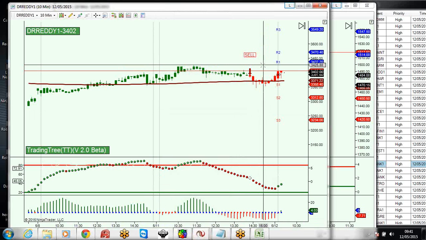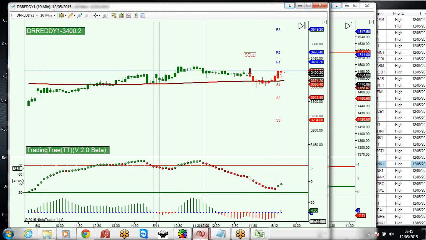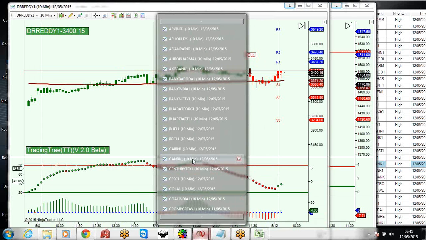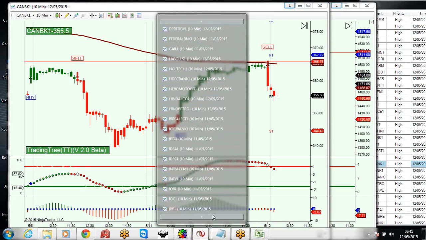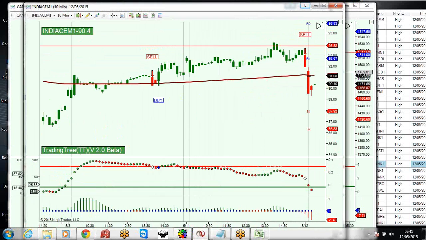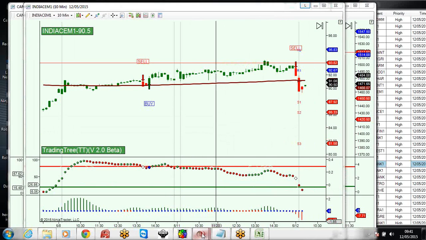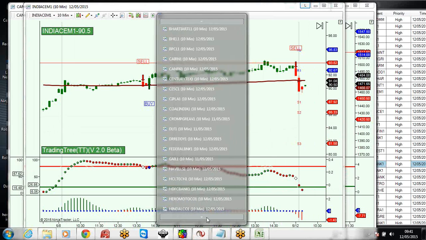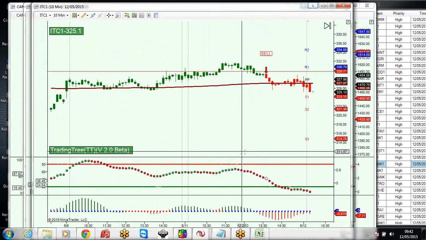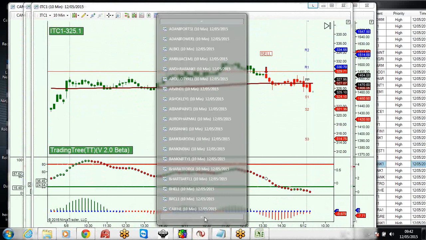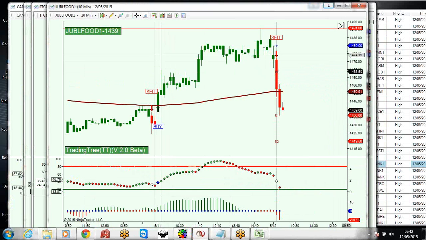डॉक्टर रेड्डीज का आज रिजल्ट्स हैं, so I think it's moving upwards, so you can buy it at 3424, above 3424. So that's Jubilant Food.